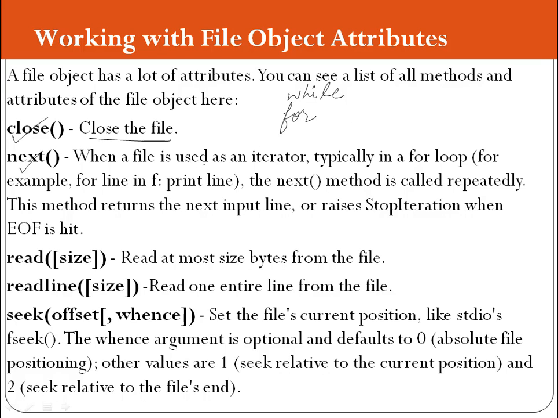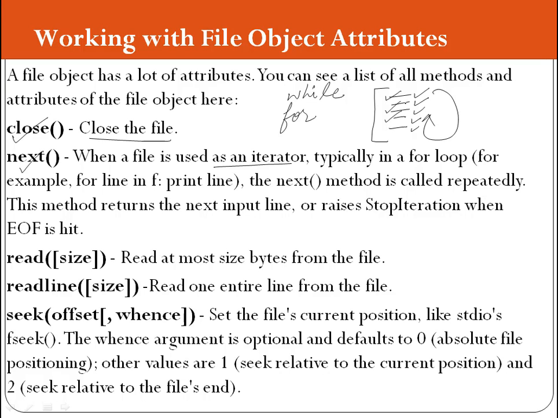So when a file is used as an iterator, suppose there is a lengthy file in which you have a number of lines and you want to read line by line, it means this is iteration. We are moving in a loop in which we are reading line one by one. So when one line has been read and we want to move to the next line, right?